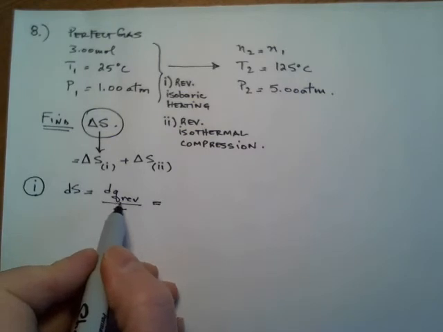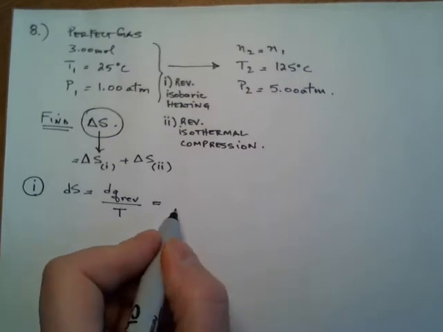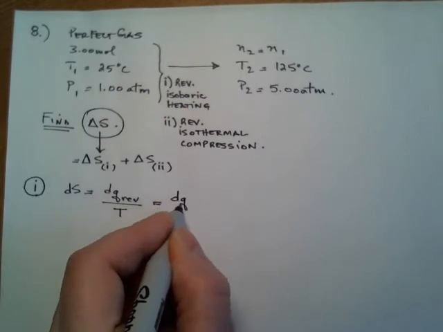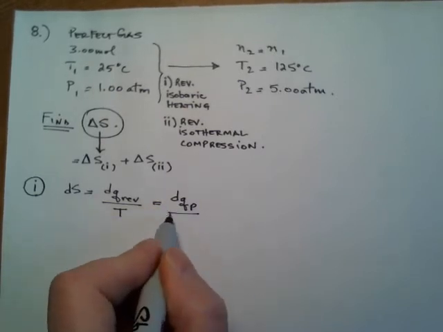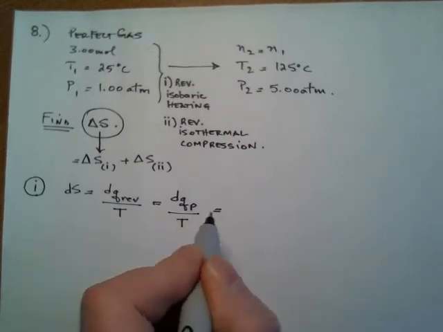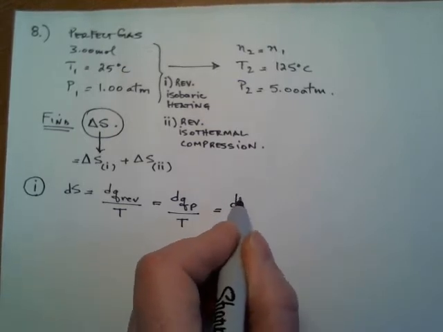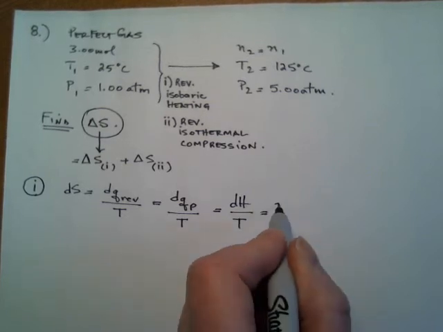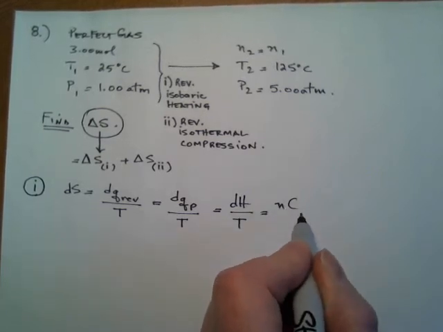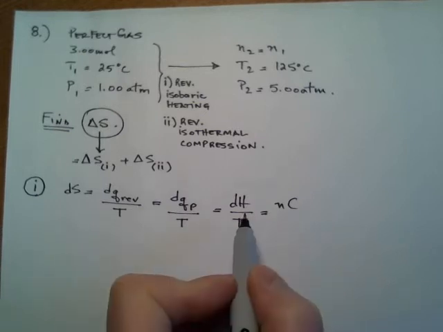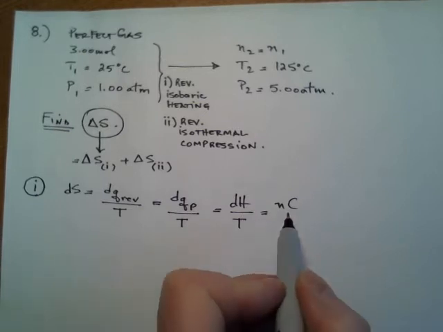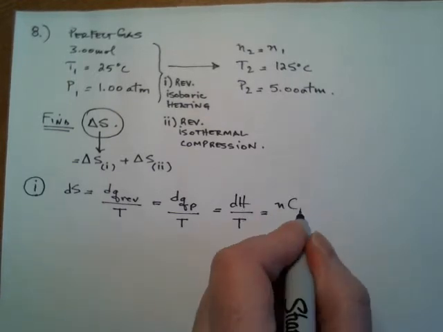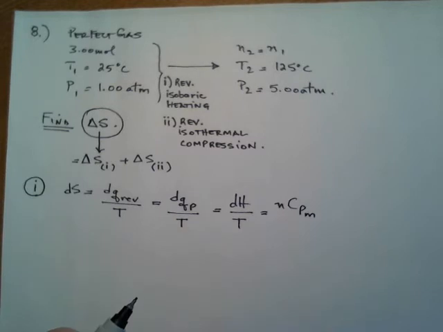And so my q reversible, it's isobaric, so this is really dq sub p, and dq sub p is my enthalpy, so this is dH, and I know that dH is n CV or CP? CV goes with internal energy, CP molar goes with enthalpy.